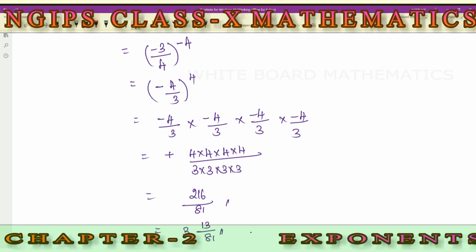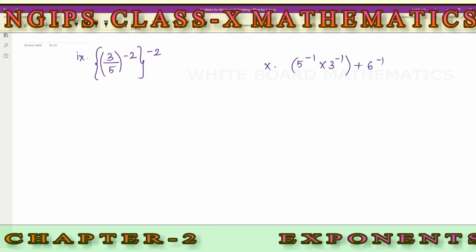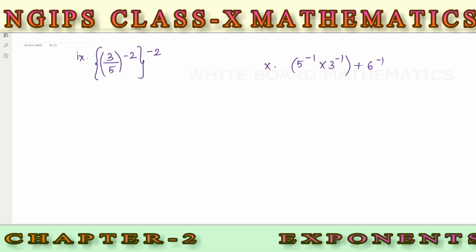Okay, now we have the 9th question here: (3 by 5) whole power minus 2, whole power minus 2. First I will write 3 by 5. This is in the form of a power m whole power n, which gives us a power m into n. So I am going to multiply the powers: minus 2 into minus 2. Minus into minus becomes plus, 2 2s are 4.